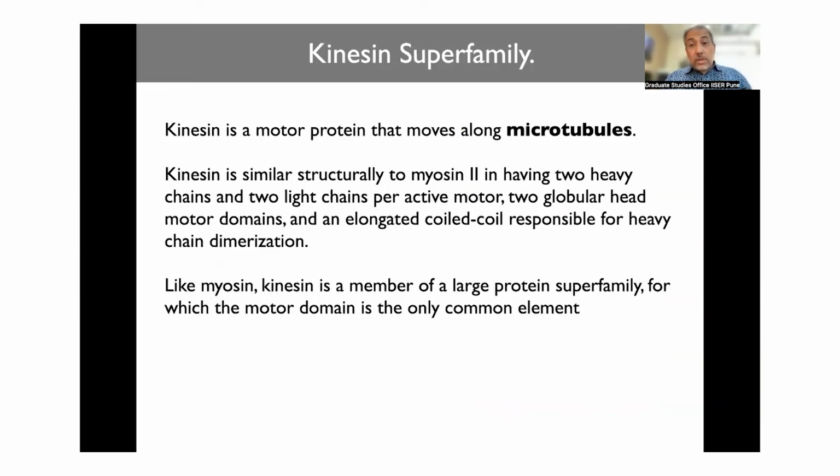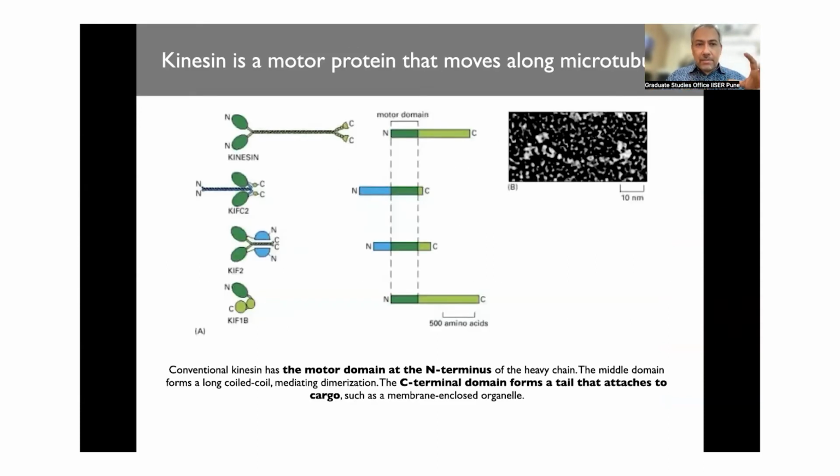With microtubules, interestingly, we have two very distinct classes of motor proteins. We have one motor protein that walks to one end and the other motor protein that walks to the other end. Like myosins, kinesins are similar in the sense that they have a globular head and a tail. So this idea of the structure of motor proteins, irrespective of whether they are working on actin or on microtubules, seems to be fairly conserved.